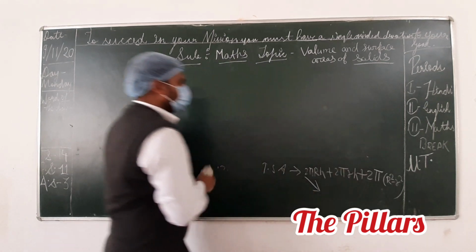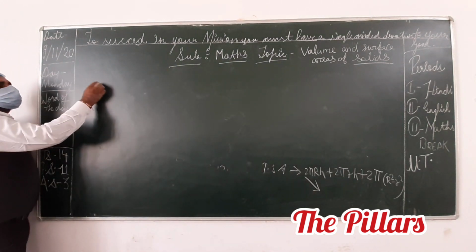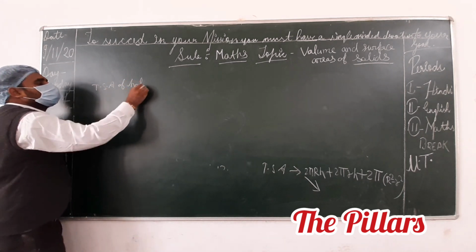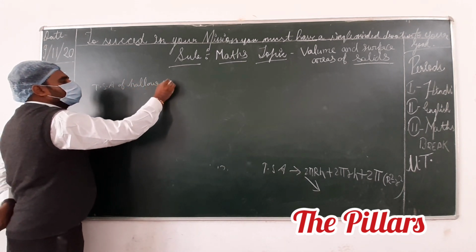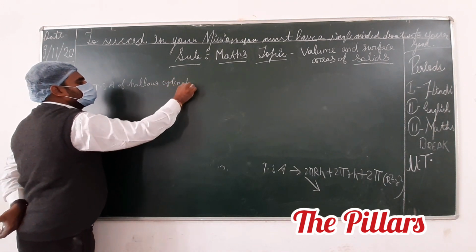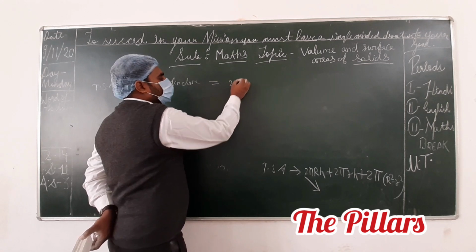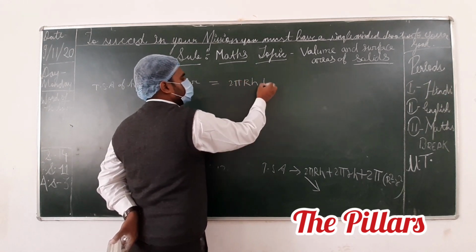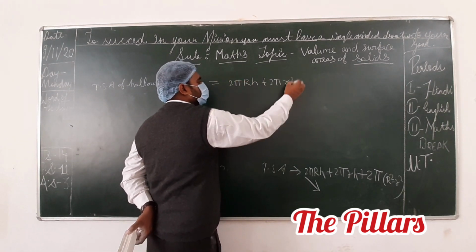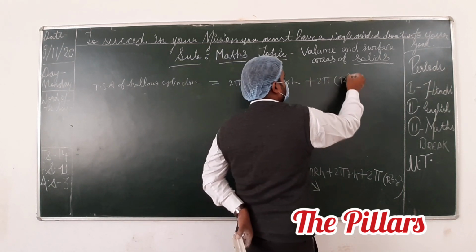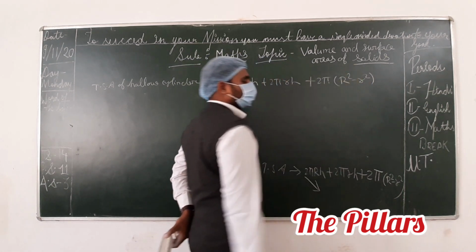You see that our TSA, total surface area of hollow cylinder, is 2 pi capital R H plus 2 pi small r H plus 2 pi capital R square minus small r square.